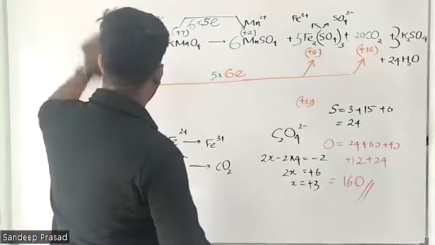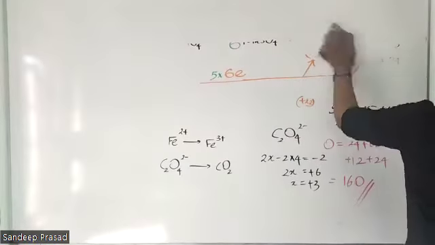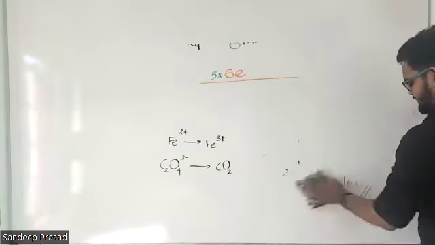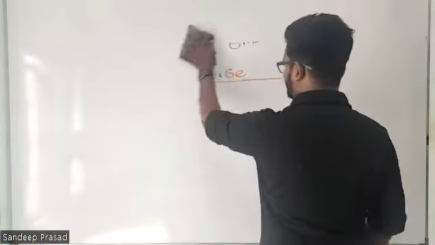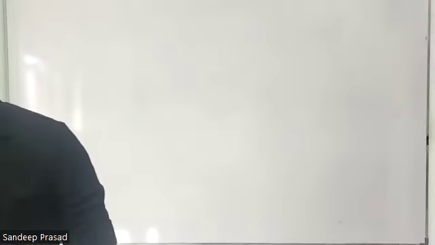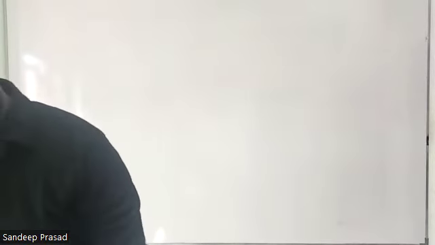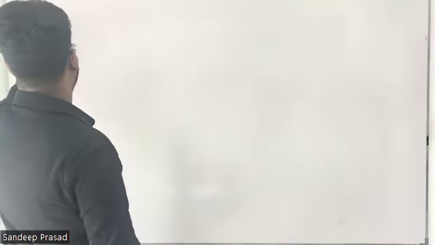That means we can't obtain the products for some redox reactions according to the rules that we have learned. In that case, they will give you the products. Then we have to identify the oxidation and reduction and balance them. That's all, right? If something is not related to our syllabus, they will give you the products. You have to find out the oxidation and reduction and balance that one. So likewise, I have given you the 17th one with the products.